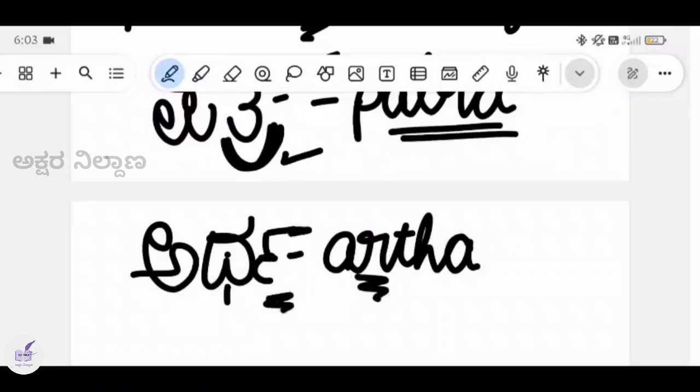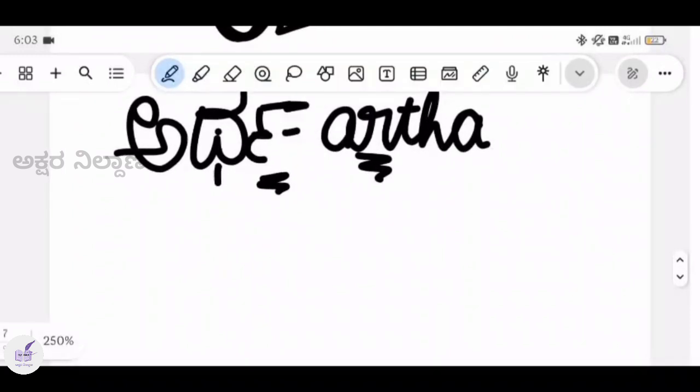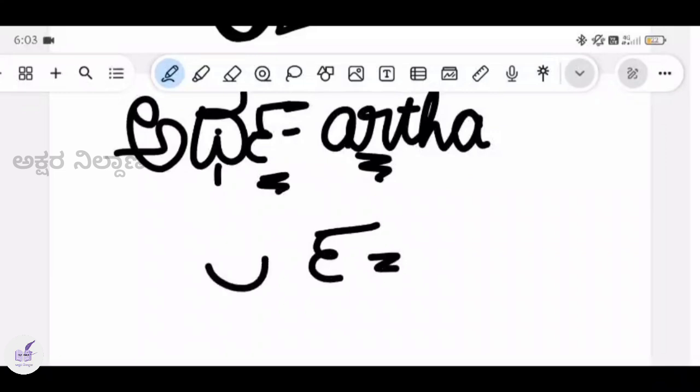This vattu is used when the vattu is given the main priority, or when it comes first, before the main consonant. This is used commonly, like how we use other vattus. In the same way we are going to use this vattu, whereas the other one is the special case.